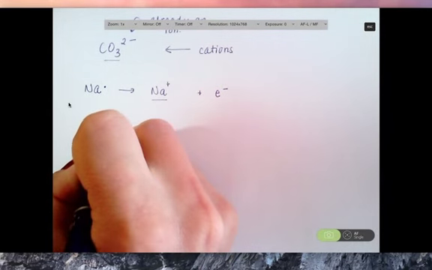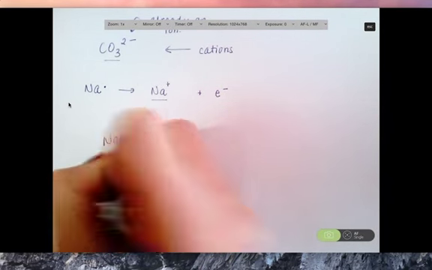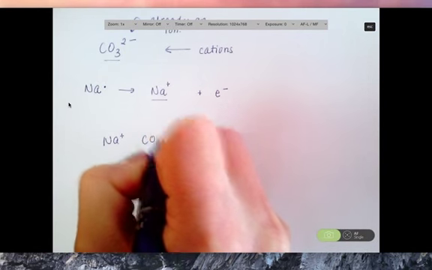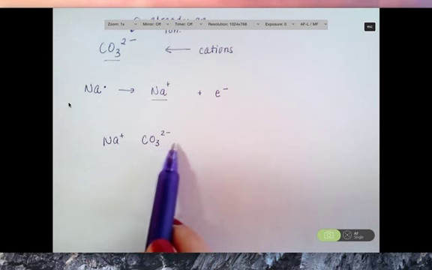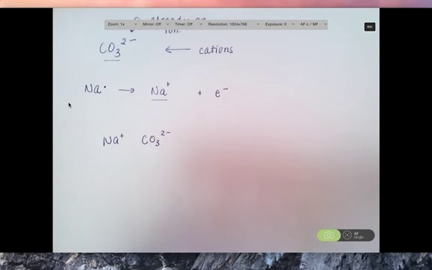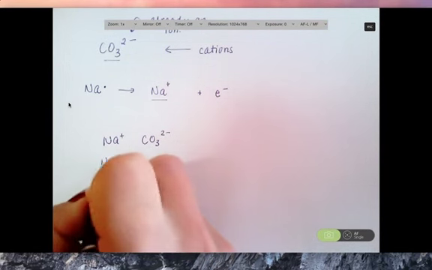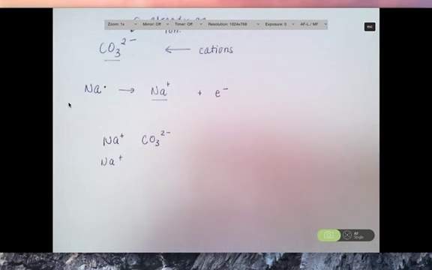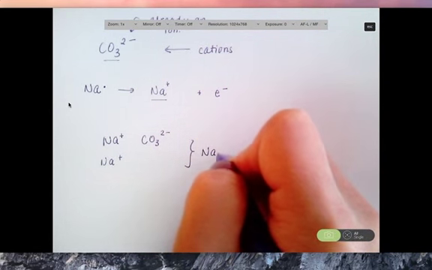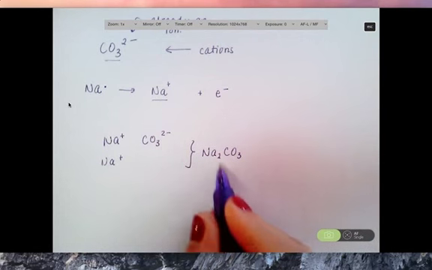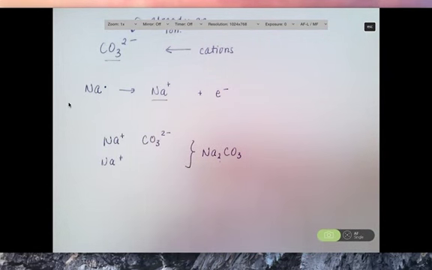If we look at the ratio of sodium to carbonate, sodium has a positive 1 charge and carbonate has a negative 2 charge. So I'm going to require 2 sodium ions for every 1 carbonate ion. That leads me to the formula for sodium carbonate: Na subscript 2, then CO3.